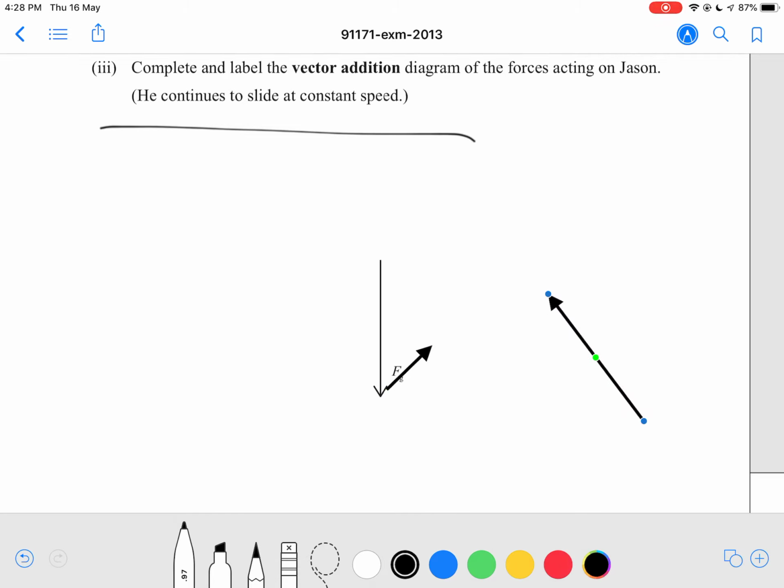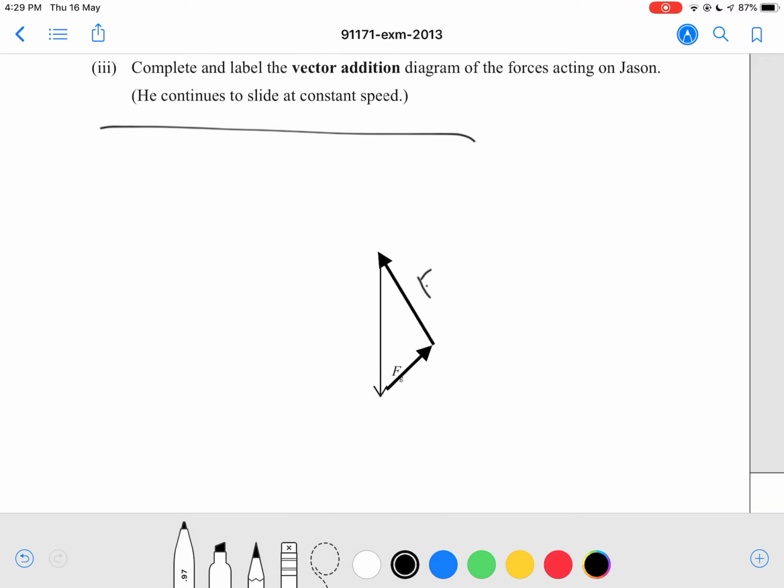Remember, the F of R was this way, and it should make a triangle, okay? More important to know, when the forces are balanced, that means the F of R, the F of F, and the F of G should make a closed triangle, okay? Because it's a closed triangle, that means the forces are balanced. You don't have to add any explanations, you just need to label the forces.